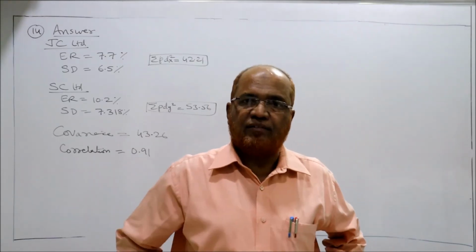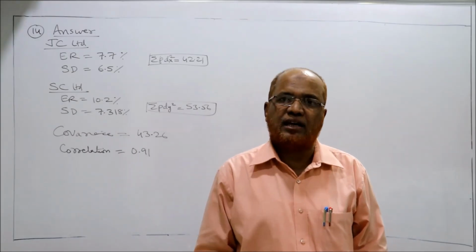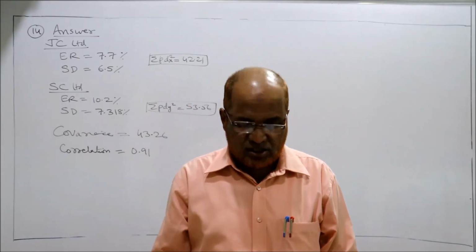Secondly 95, beginning of the year 100, end of the year 95, so 5% is the decrease, -5.